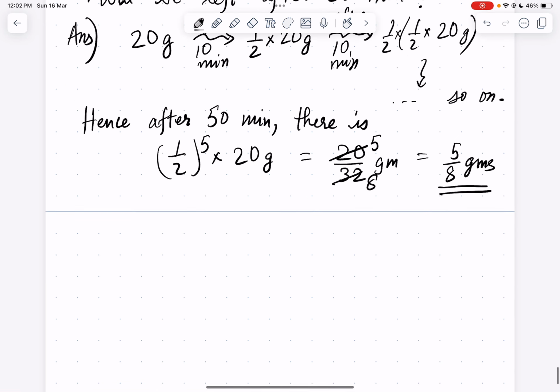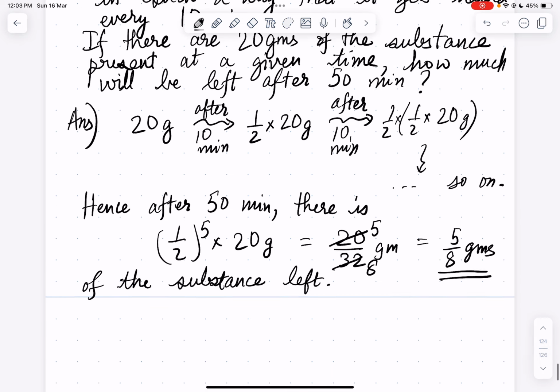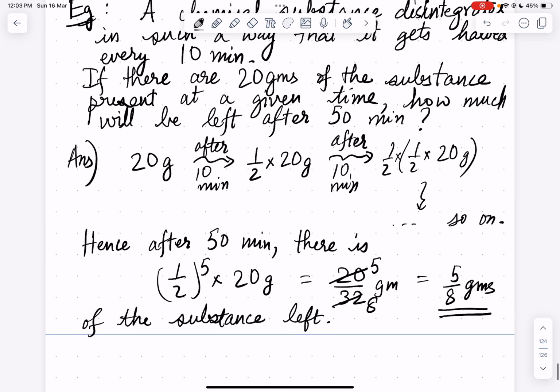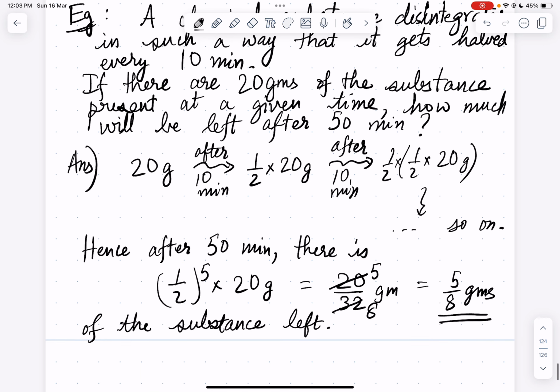Hence after 50 minutes there is 5 by 8 grams of the substance left.